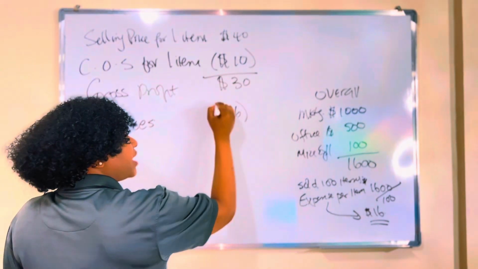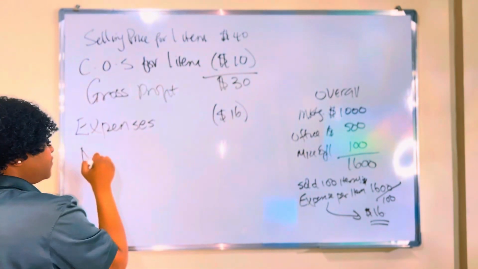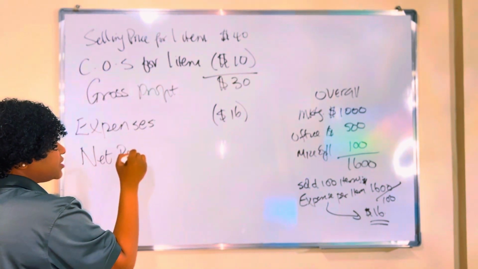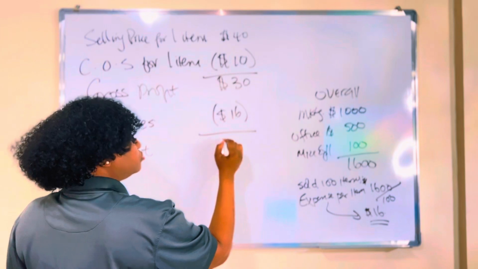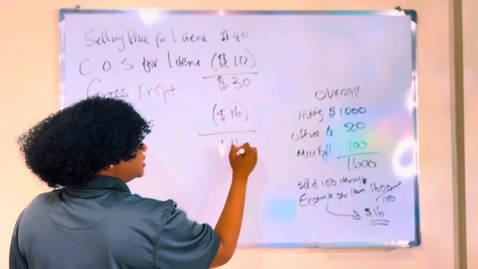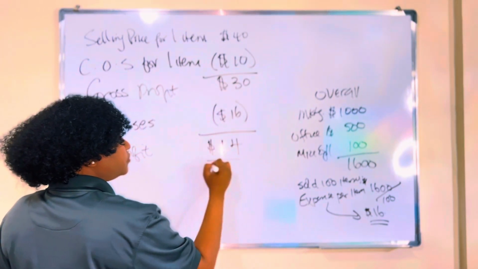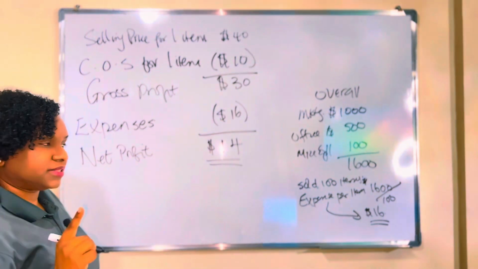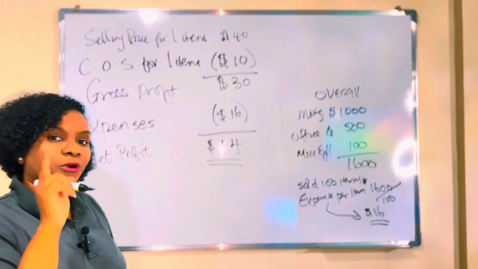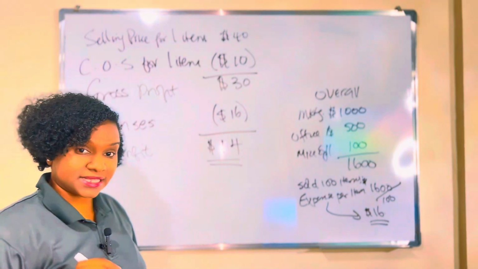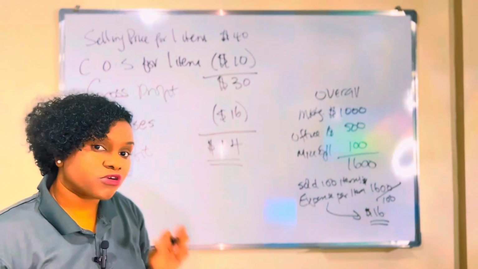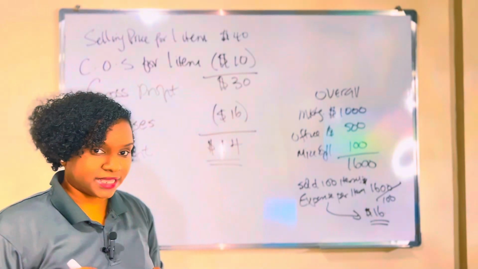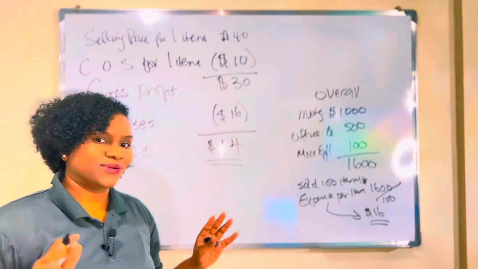So we're going to subtract your expenses from your gross profit to give us your net profit of $14. Your net profit tells you how profitable your business is. Your gross profit tells you how profitable your product is. Are we clear on this?